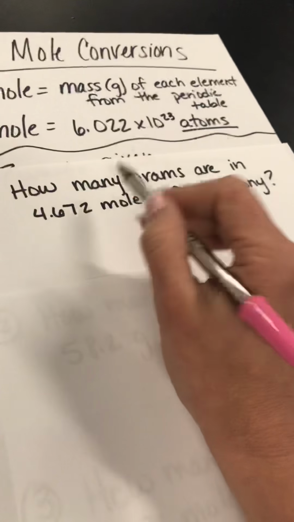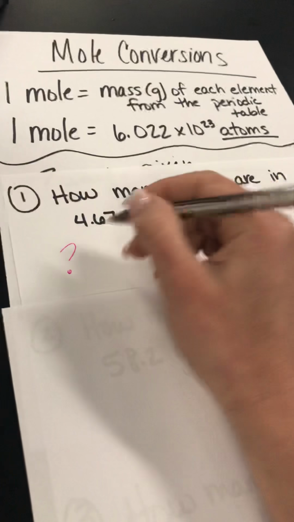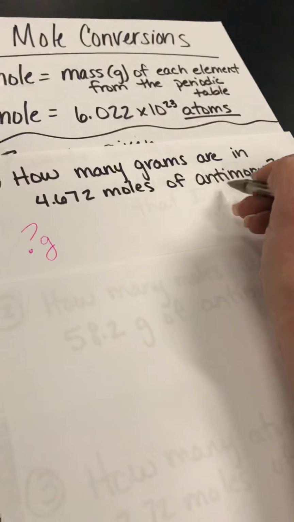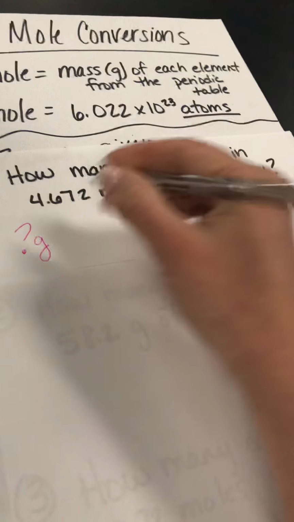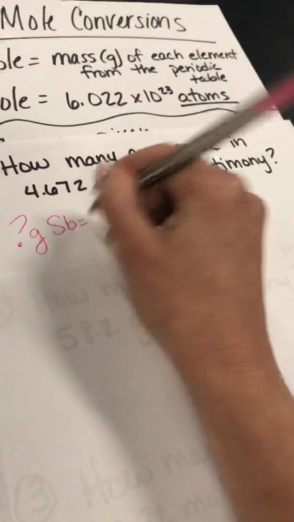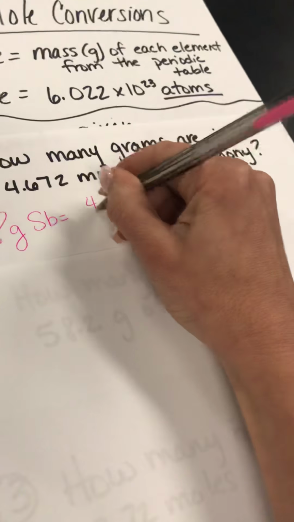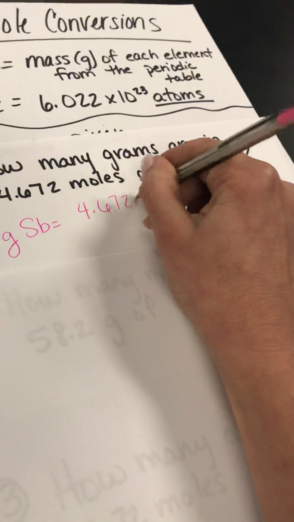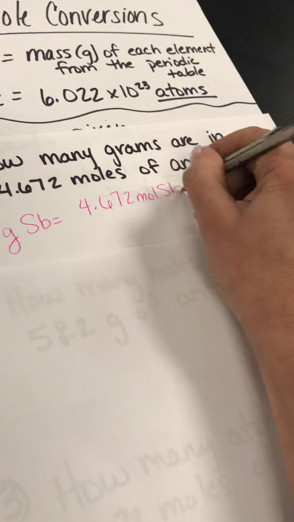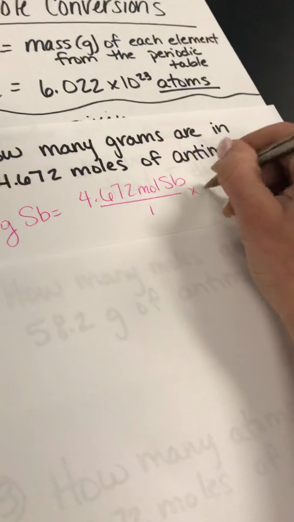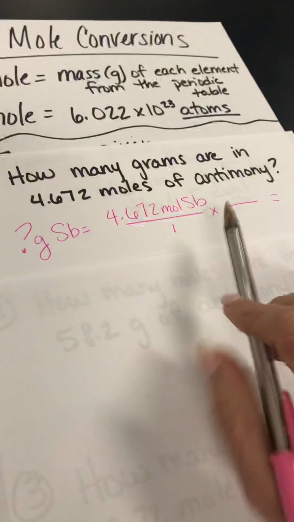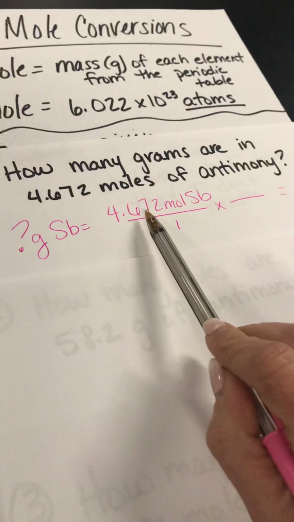Since it wants to know how many grams, that means question mark grams of antimony, and I can look up the symbol for antimony, which is Sb, is equal to 4.672 moles of antimony. From this point forward, it's really important that every number has 2 labels.